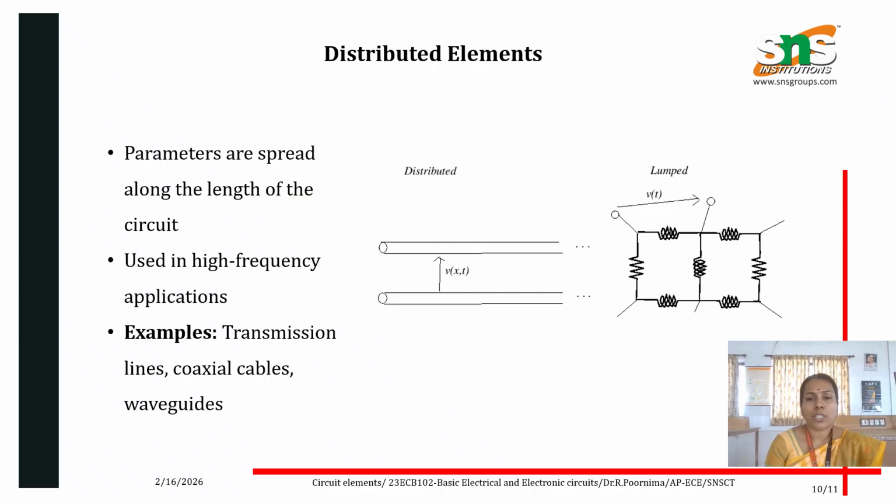In a transmission line, at every point we can have resistance, capacitance and inductance, but they are not physically separable. So these are the distributed elements used in high frequency circuits.